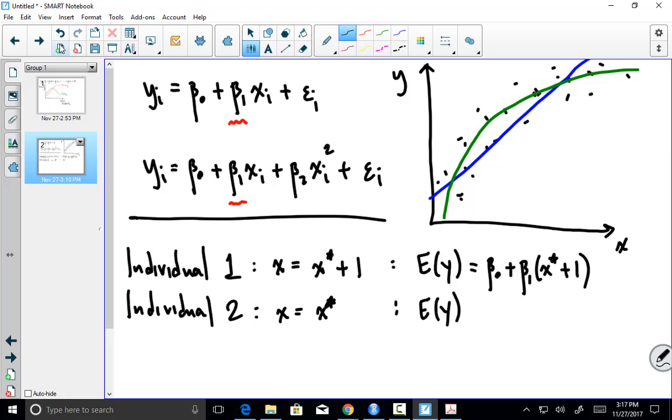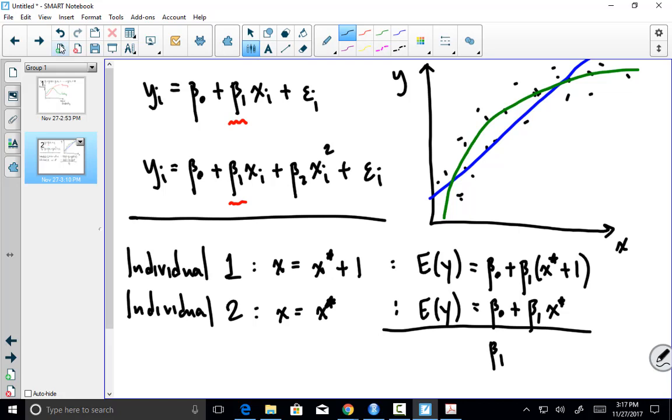Whereas individual 2 has mean response just equal to beta 0 plus beta 1 x star. And if you take the difference between those two, we're left with just beta 1. The beta 0's cancel, the beta 1 x stars cancel. So in terms of saying what does beta 1 mean, you can see it explicitly by writing this type of expression.